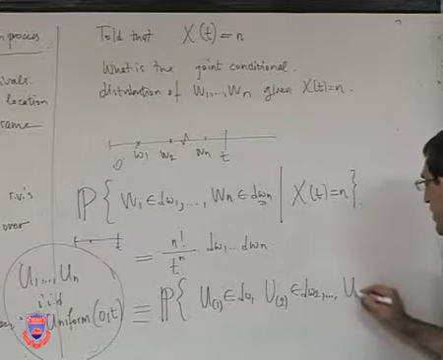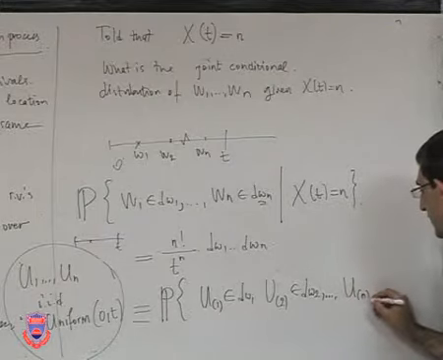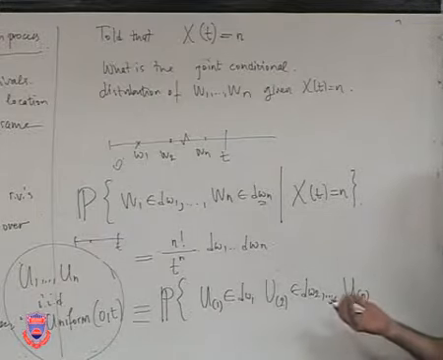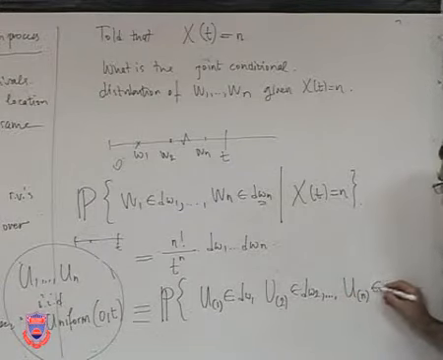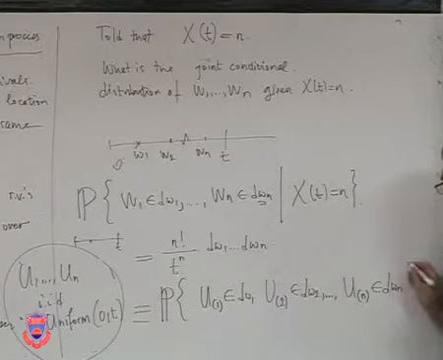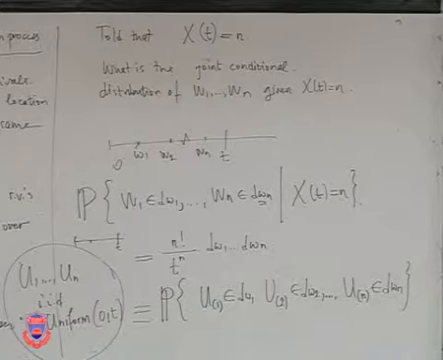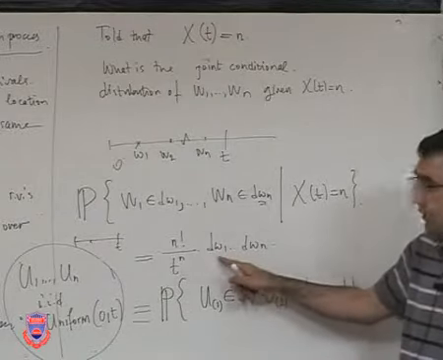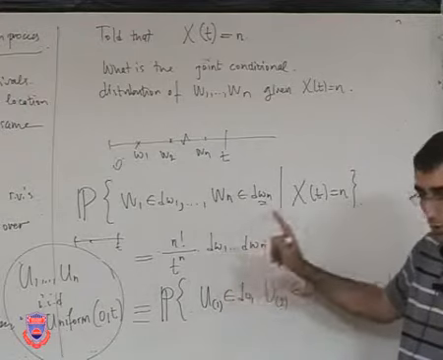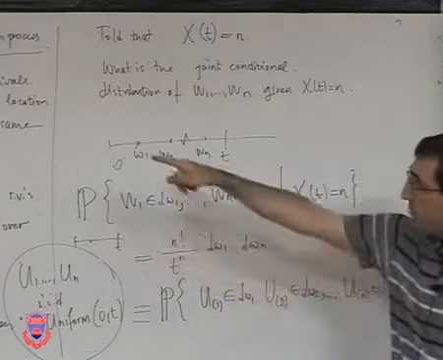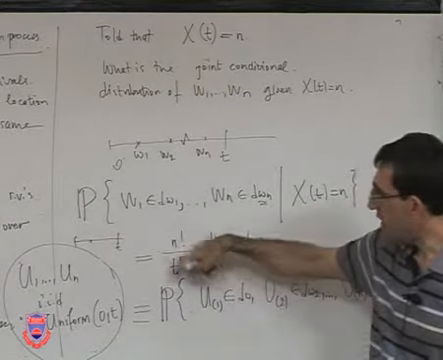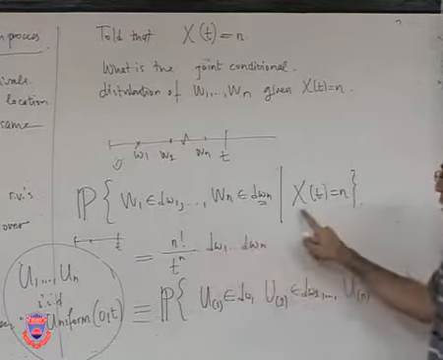And the nth minimum, which is of course the maximum of all these n numbers, is in the neighborhood of wn. No conditioning, it is just plain probability. So this turns out to be the same as this, which we will show is the answer for this question.